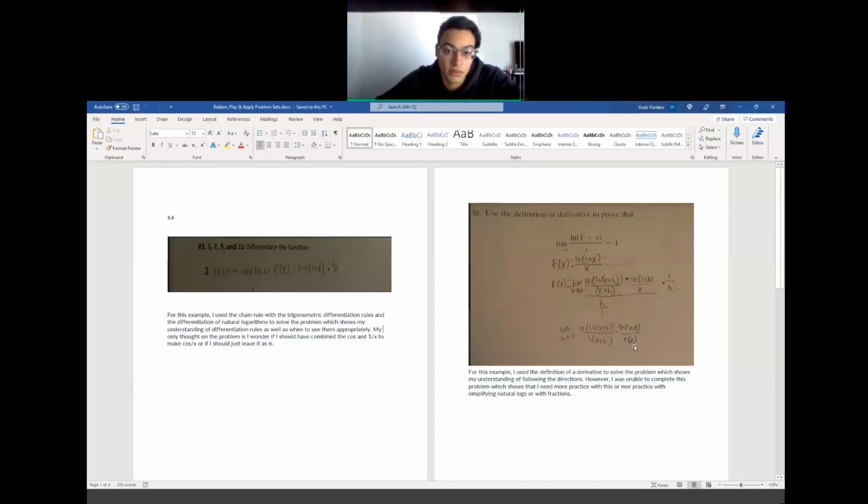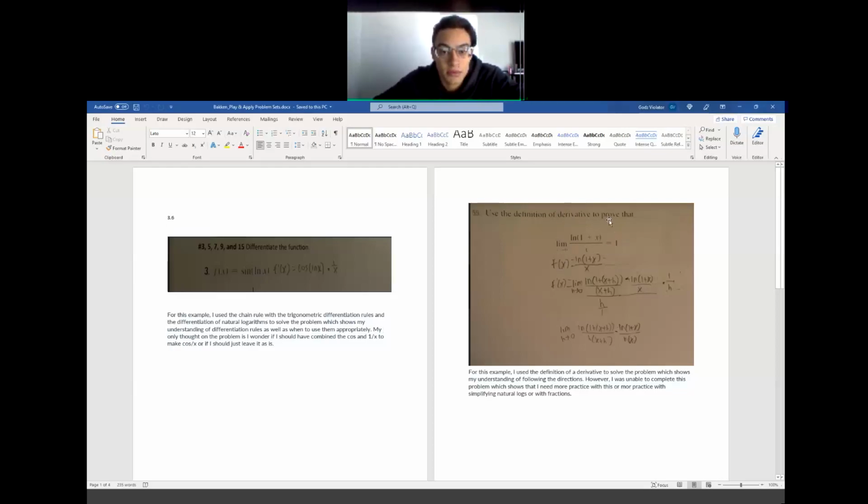So I just rewrote that, f prime of x, and simplified this, took the x out of the denominator, and gave it the negative exponent there. And then from there, I know already the derivative of ln x from the previous notes that I had. So I put that as 1 over x and then multiplied that by that term right there.